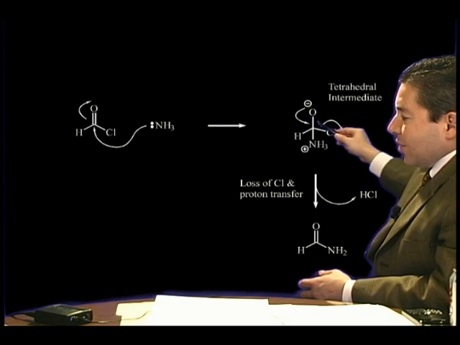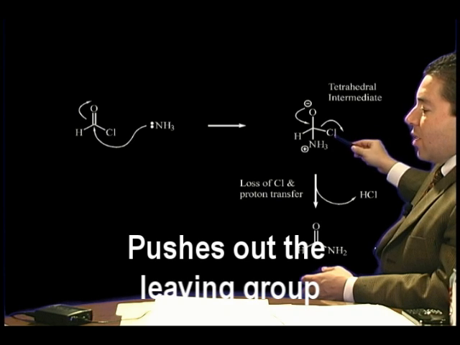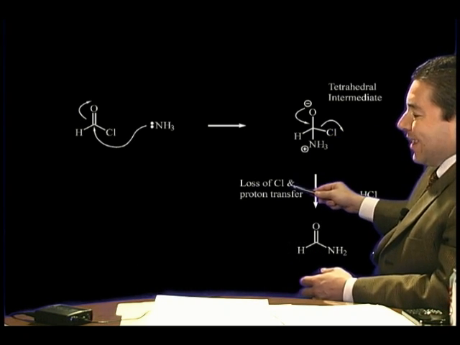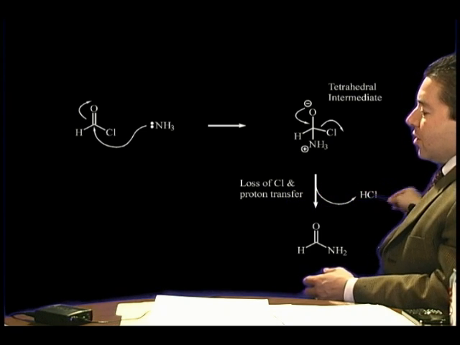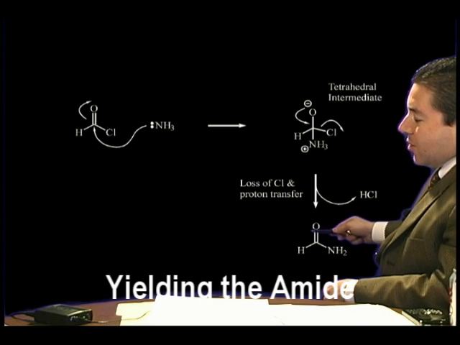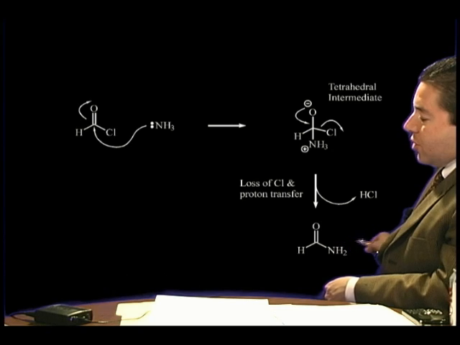Those electrons come down to push out the leaving group, which in this case is the chloride, and that proton transfer also occurs. So loss of chloride, leaving group, and proton transfer, you lose hydrochloric acid, and you get the amide. Here's the amide with the oxygen, the carbon, and the nitrogen.